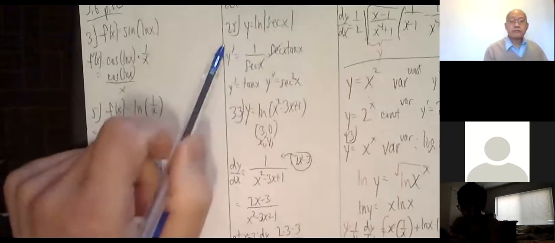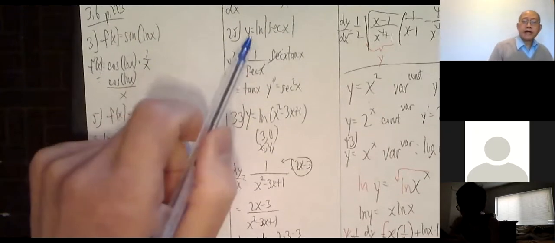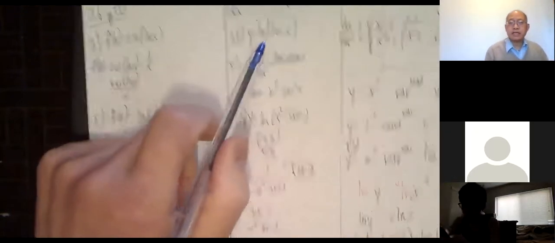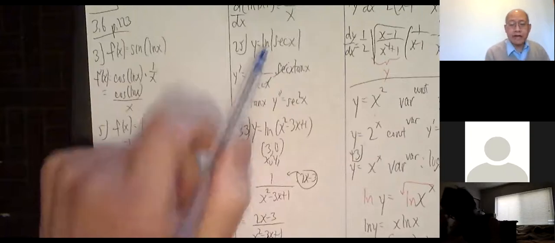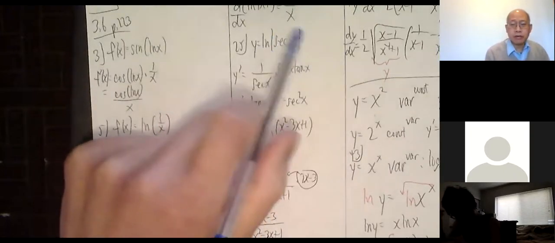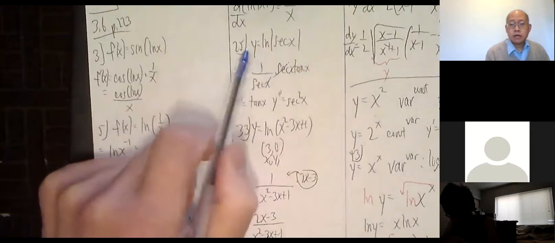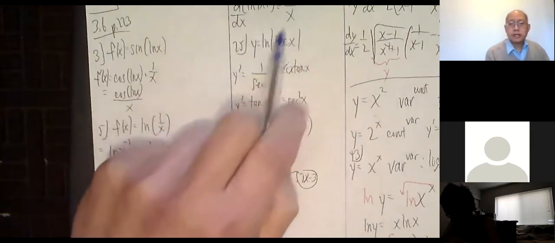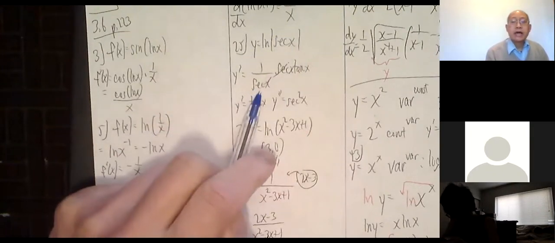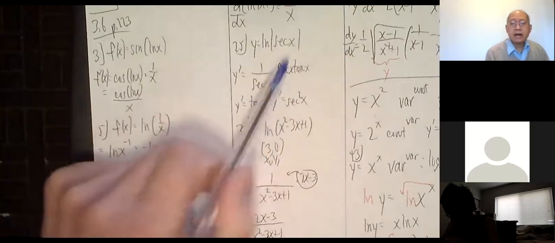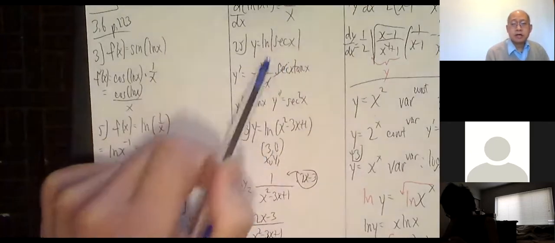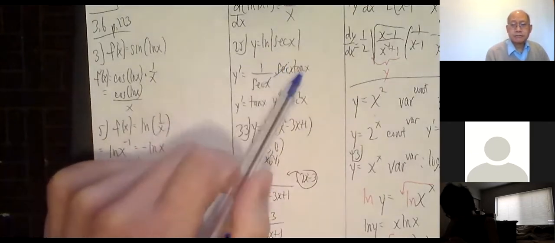Okay, 25. Y equals natural log absolute value of secant x. So don't get thrown off by that absolute value. You just do the same thing as if it said parentheses. All right, so you just go 1 over this, 1 over secant x, and then by the chain rule, it's times the derivative of secant x, which is secant x tangent x.